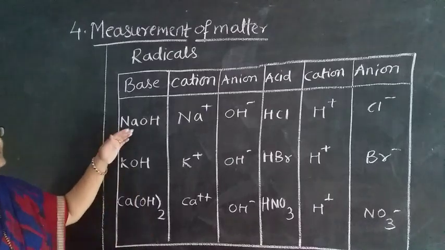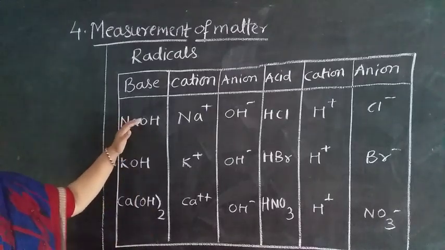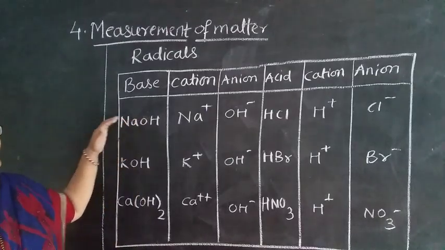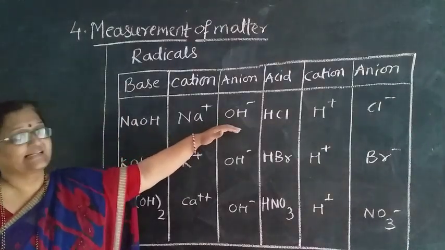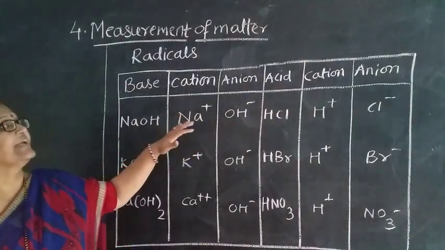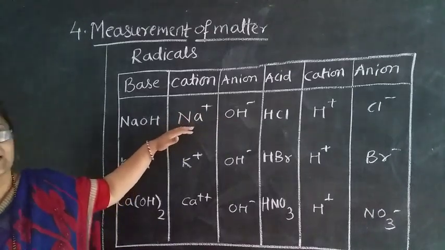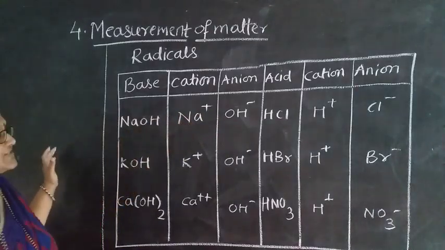So whenever you see different radicals, if it is an anion, you may call it an acidic radical, and if it is a cation, you may call it a basic radical. This way it is there.